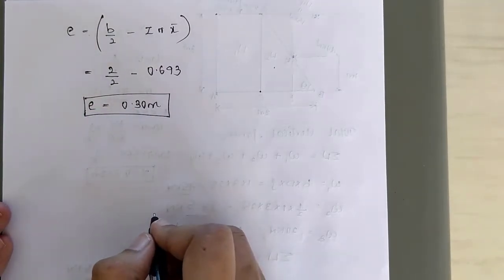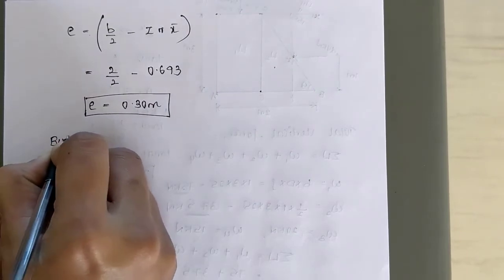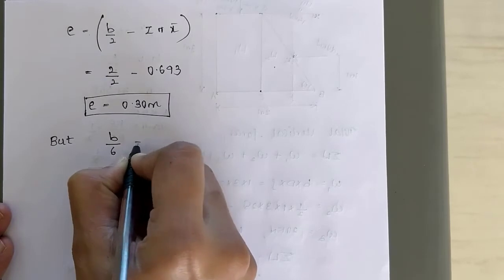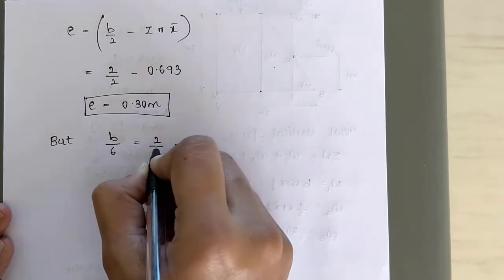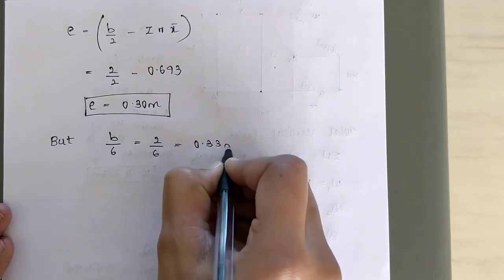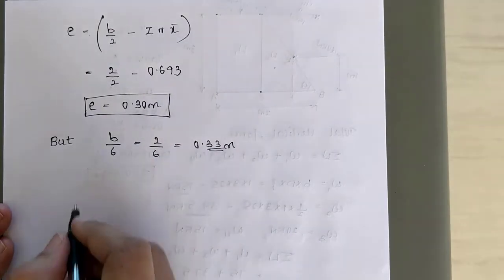Once you calculate the eccentricity value, then calculate the ratio of B by 6, that is 2 by 6. The bottom width of the abutment is 2, then you will get 0.33 meter. Compare this B by 6 ratio with eccentricity.